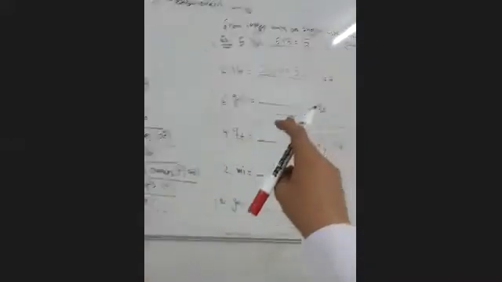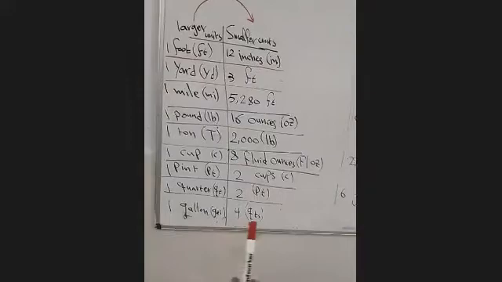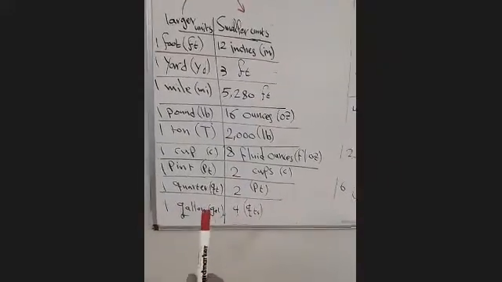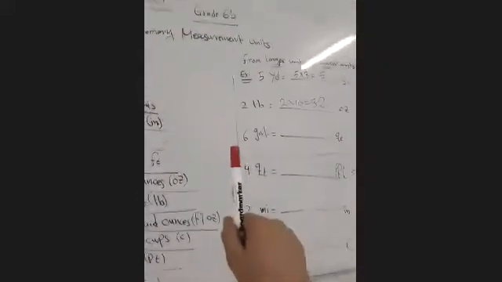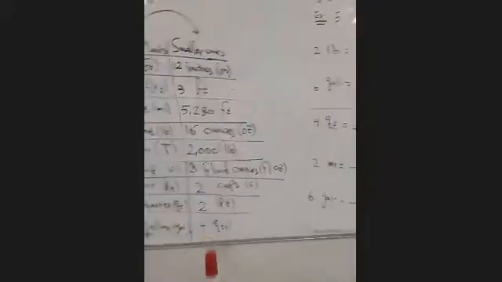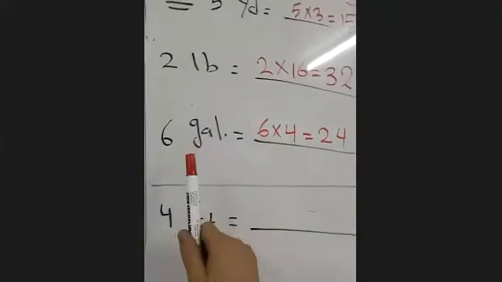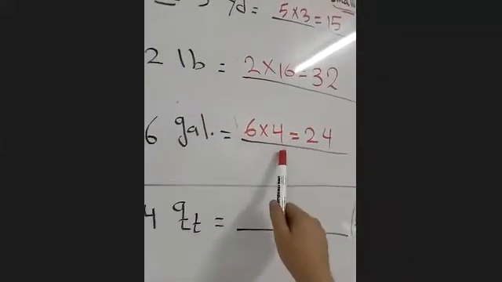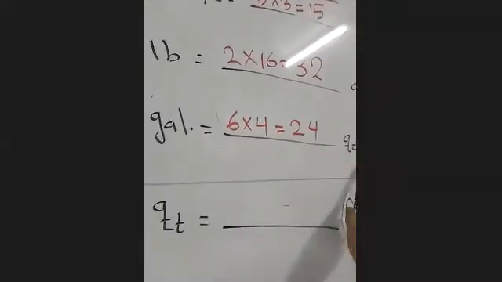We will multiply 6 by 4. Good boy. So Najm went to the table and found the direct relationship between gallon and quarter. So he multiplied 6 with 4. 6 multiplied by 4 is 24. 24 quarters. So if I have gallon to quarter, we multiply with 4. 6 gallons equal 24 quarters.